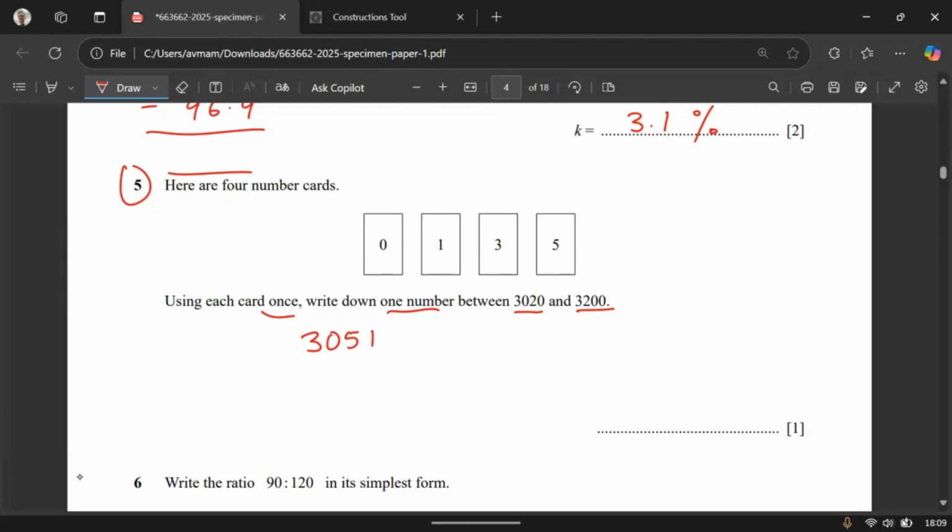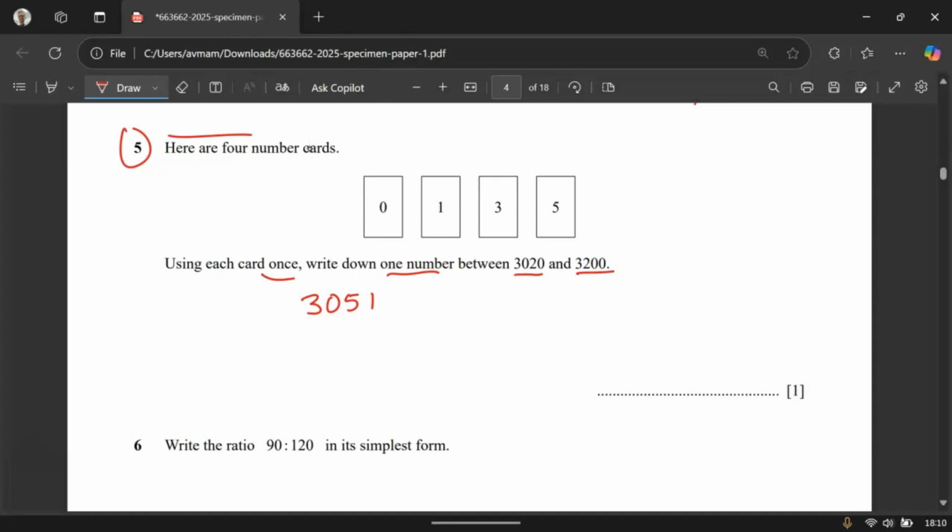The other answer could be 3105, and one more possible answer, that is 3150. So you could write any one of these. Let me write the first one, that is 3051.